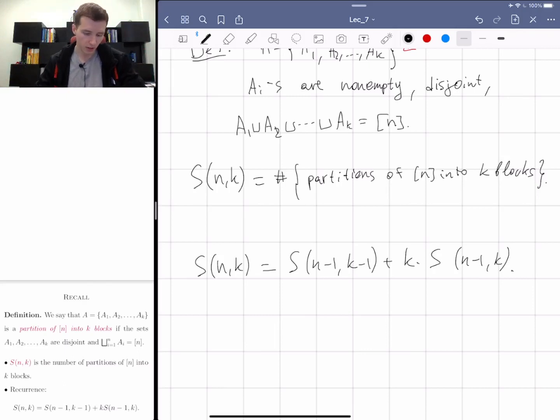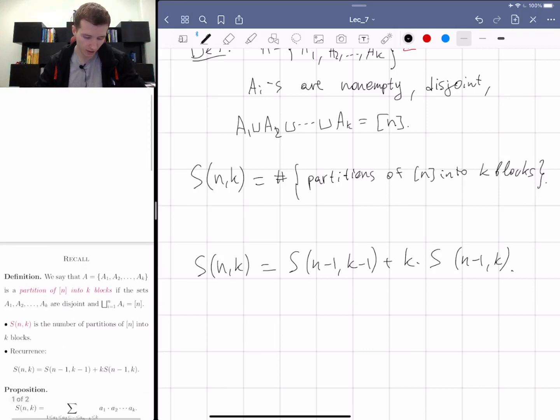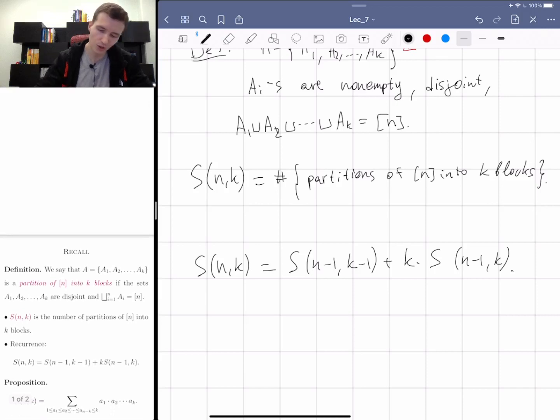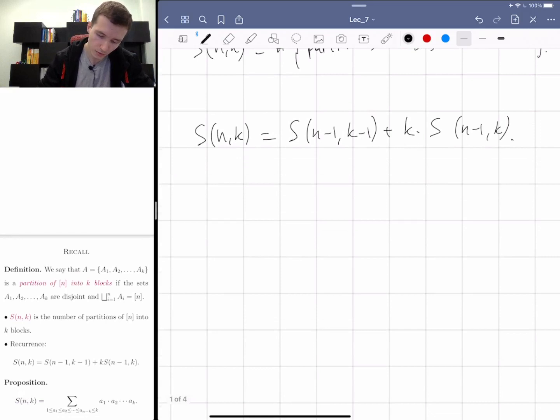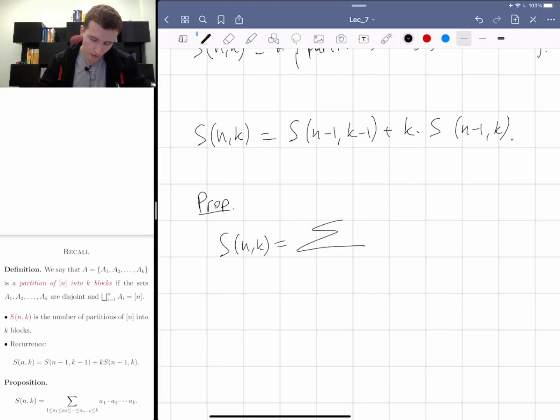First of all, here is a very cool formula which is not exactly super useful. The proposition is that S(n, k) is equal to the sum over all weakly increasing sequences A1, A2, all the way up to A_{n-k}.